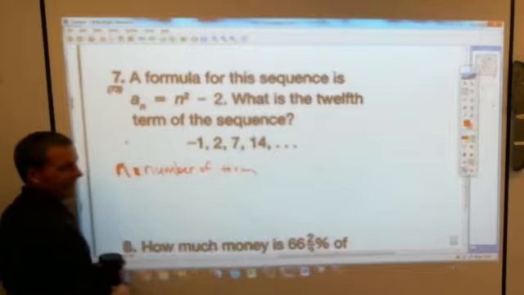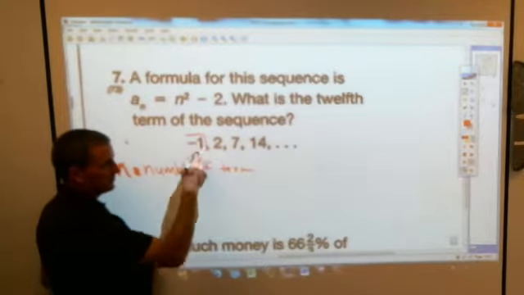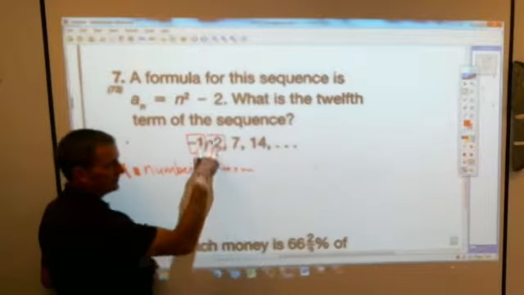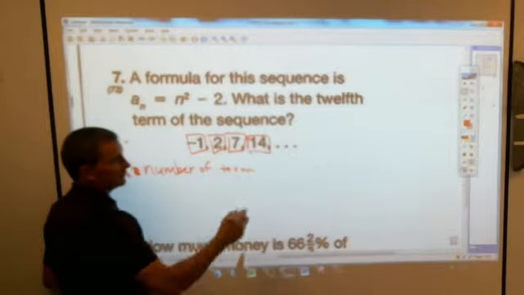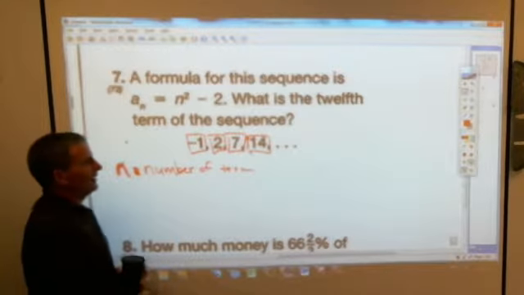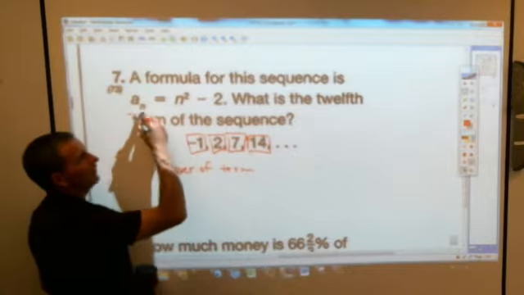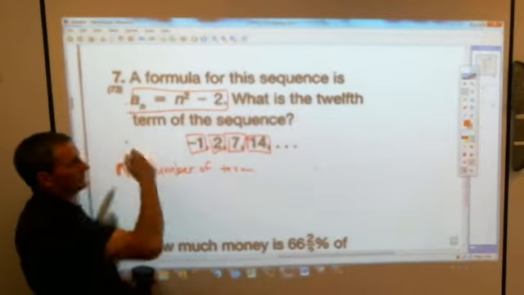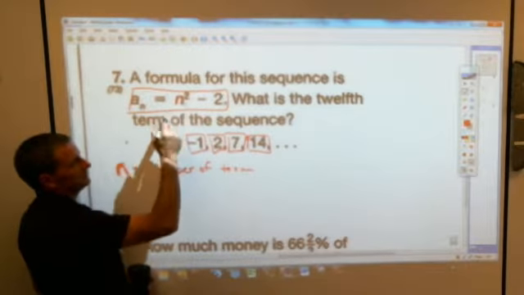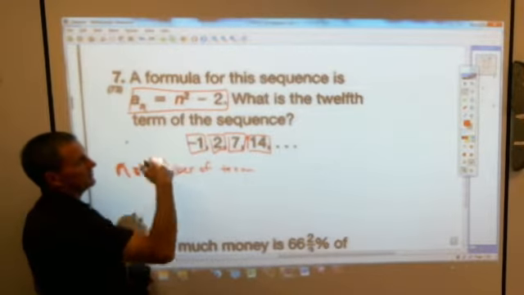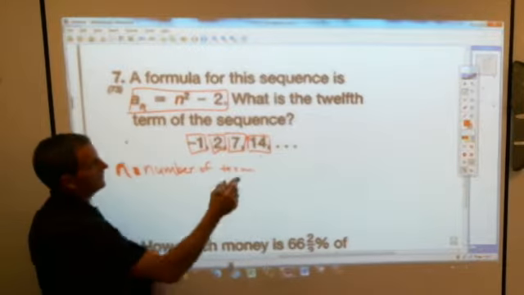And let us not forget that when you're talking about a sequence, this is the first term, this is the second term, this is the third term, this is the fourth term. And rather than trying to find the pattern, they give you the formula for the sequence. You just need to know that this a sub n, the n is the number of the term. And they tell you what n is. What is n?